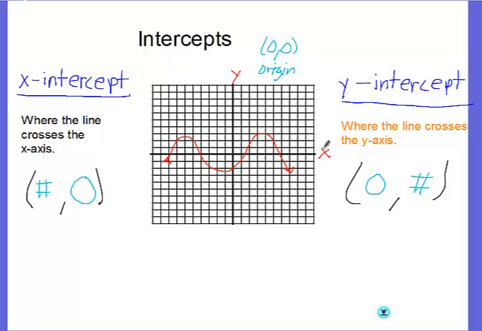So the x-intercept follows the pattern of a number, 0, and the y-intercept follows the pattern of 0, a number.